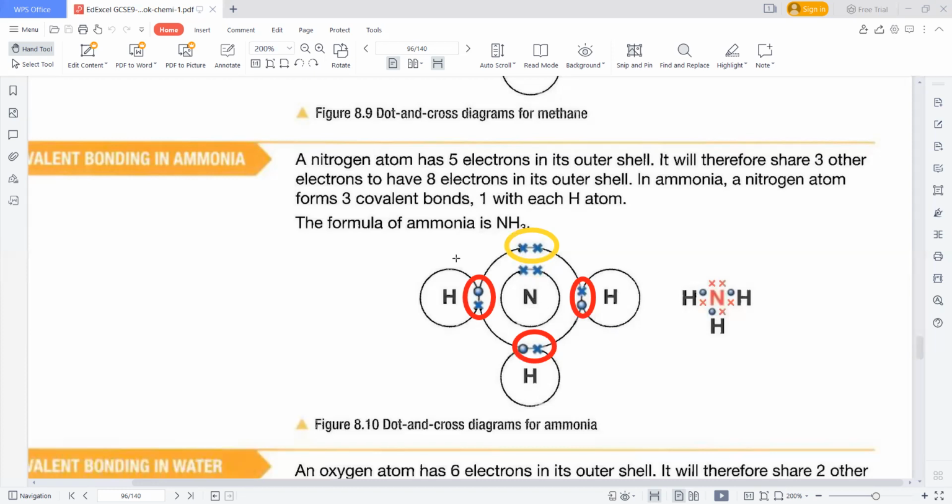Why? Because they are two. However, they will keep on disturbing the electrons present nearby. So due to their disturbance, they are going to change the bond angle of ammonia.